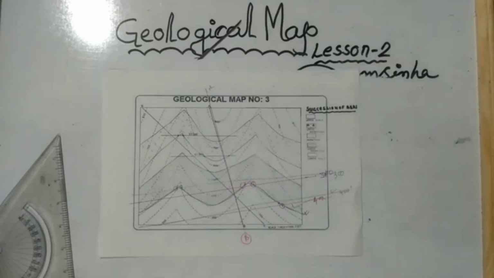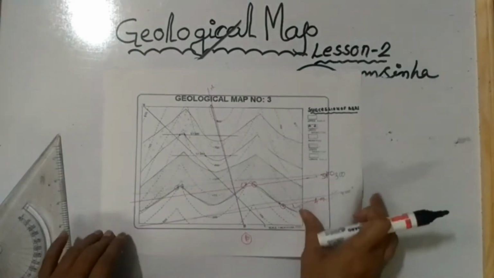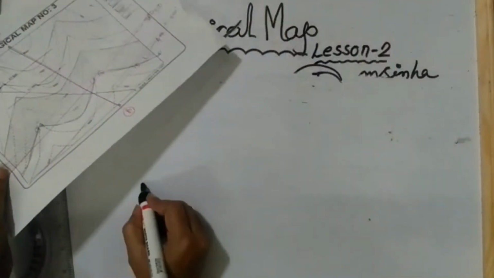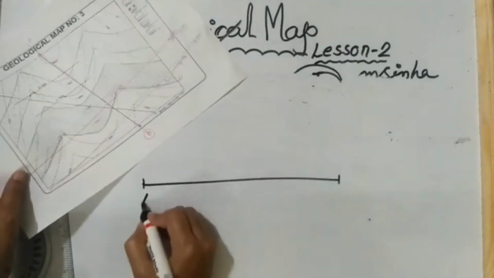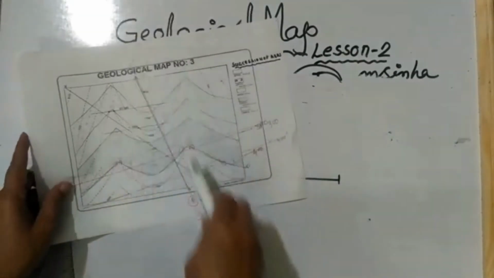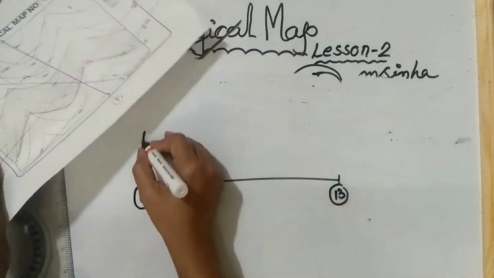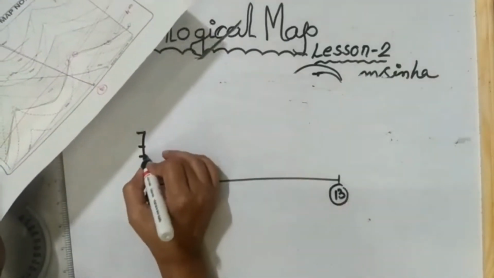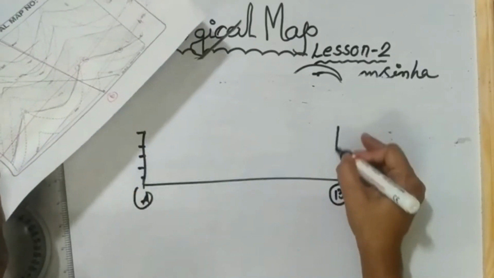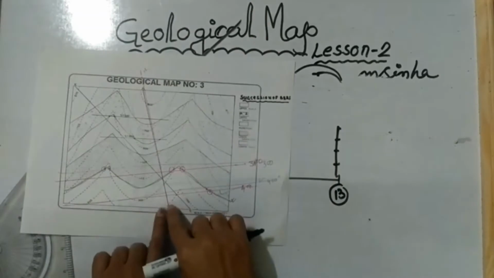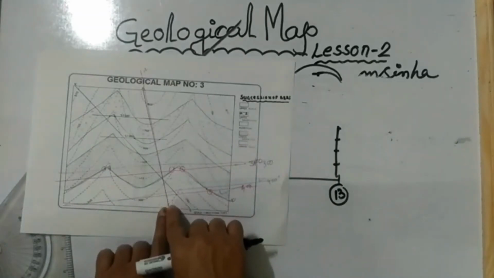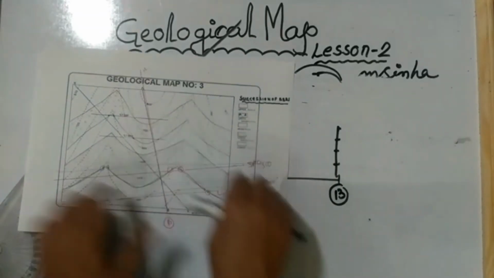So at the initial stage you have to draw the profile line. Take the distance of A and B, and take a vertical scale, and go through the contour values and draw the profile.